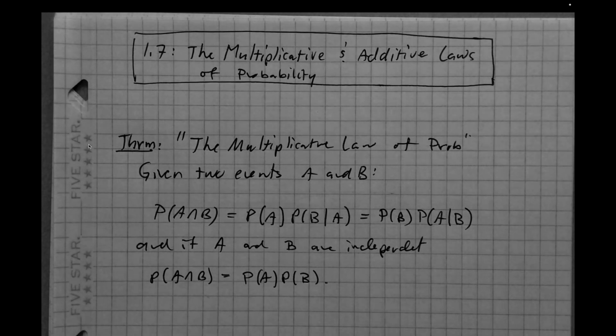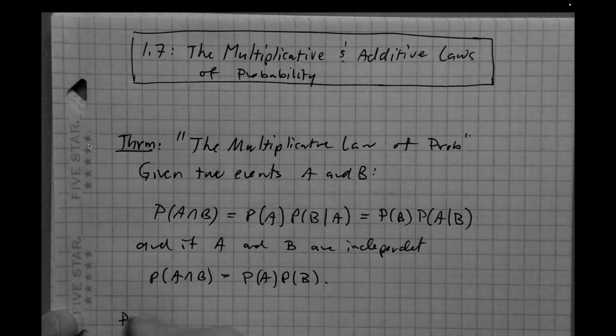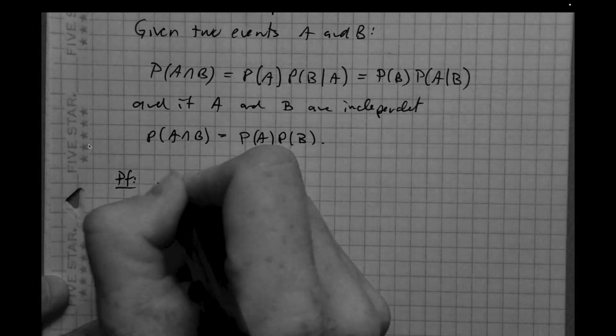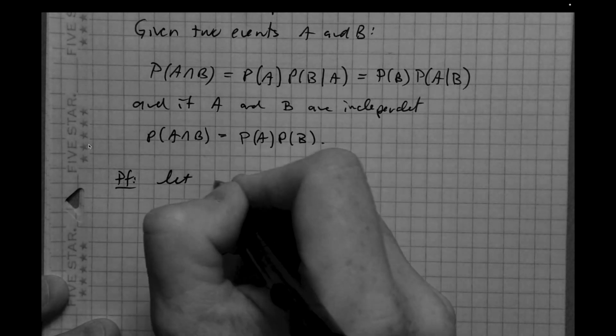Now, we could prove this because I just kind of talked you through that. But what does the proof look like for something like this? Well, let A and B be two events.